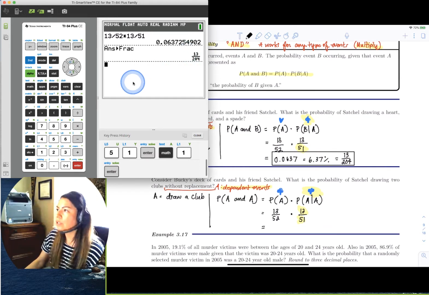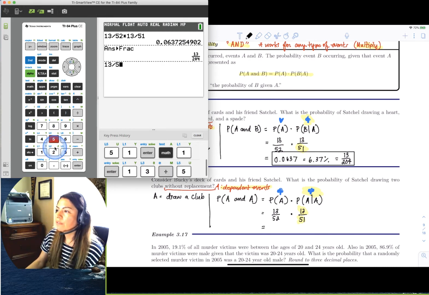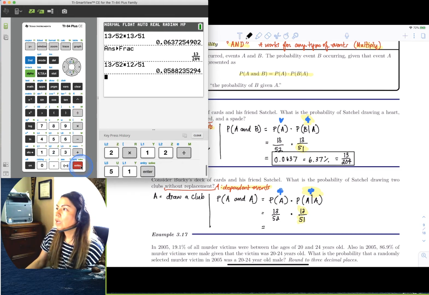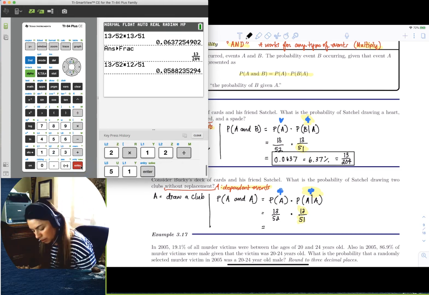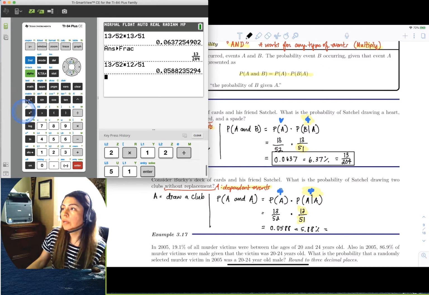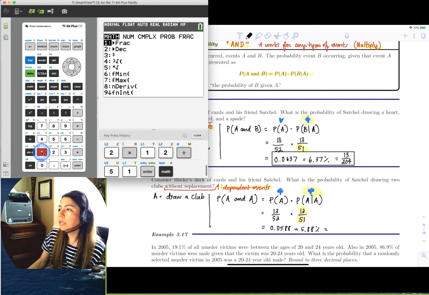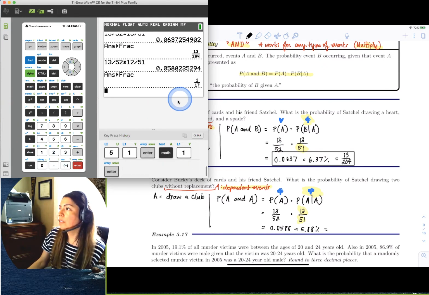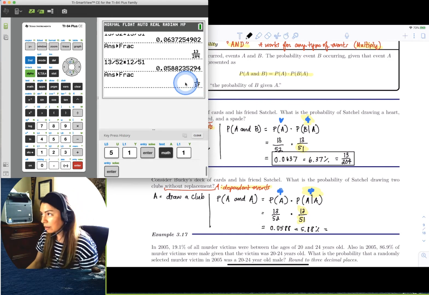Here we have 13 divided by 52 times 12 divided by 51. And so we can round to 4 decimal places, 0.0588, which is 5.88%. Okay, and then if we wanted the fraction, we could go to math and hit 1 and see if it'll give us the fraction, which is 1/17.